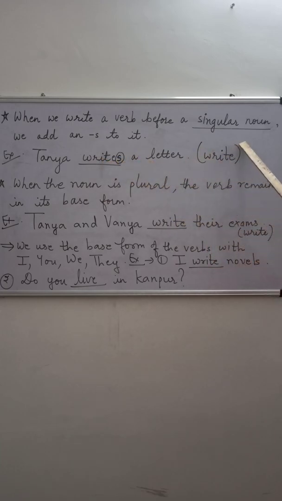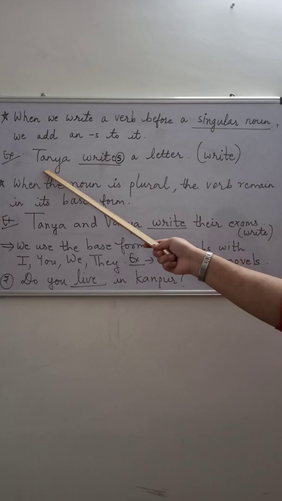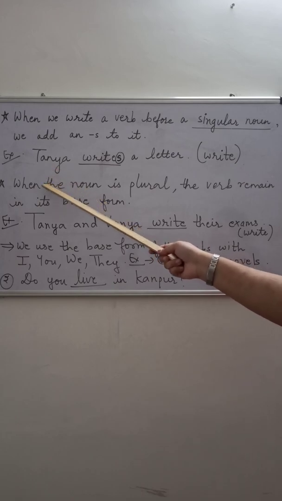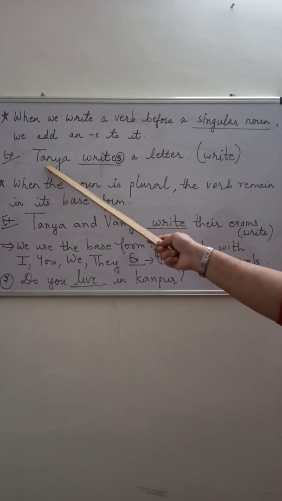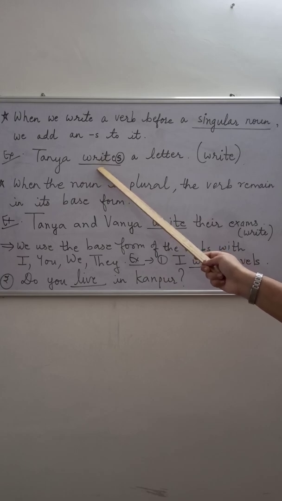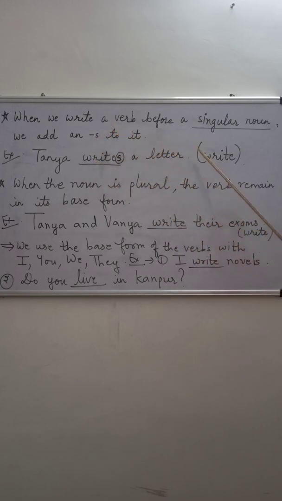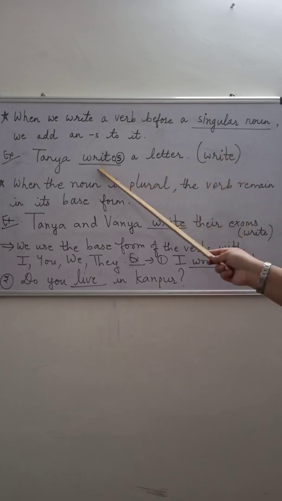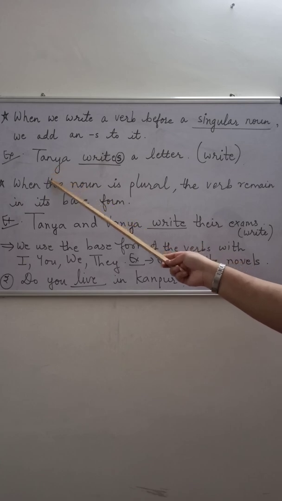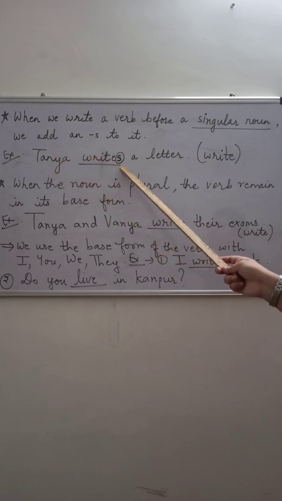We have to write the simple present tense form of the verb write. Now I told you that before a singular noun. Now here Tanya, we are talking only about one person. So Tanya is a singular noun. So while writing a verb before a singular noun, we add an S. So the simple present tense form of write becomes writes. So the sentence becomes Tanya writes a letter.